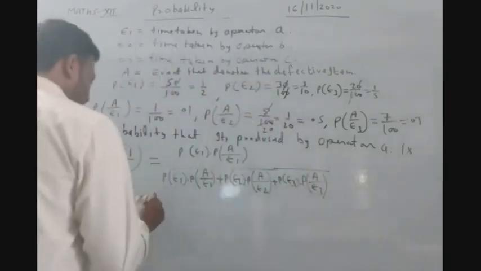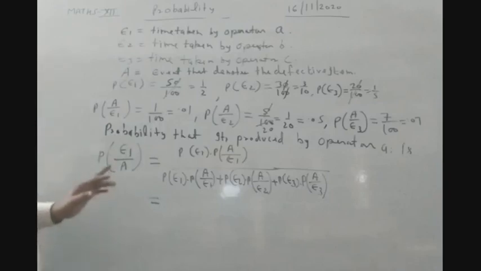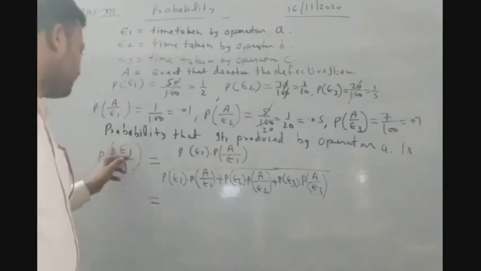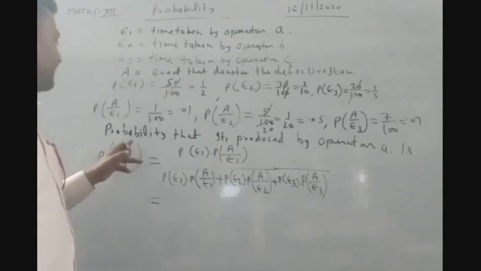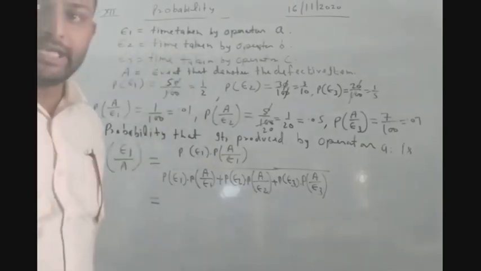So this is the formula for finding the probability that a defective item is produced by operator A. It will be probability of E1 by A, because we have taken E1 as the time taken by operator A.